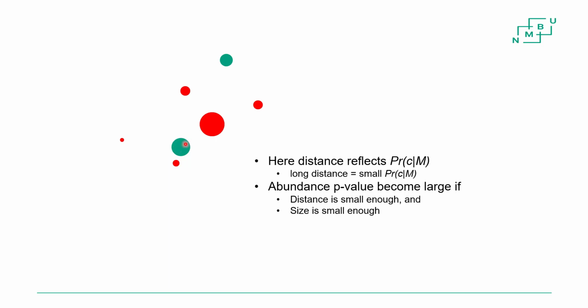And why not this one? Because it's closer, right? It's not so different, so a small distance means that the probability is quite high of going from this mother to this child. But the problem with this one is the size.